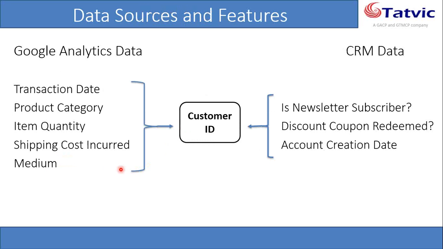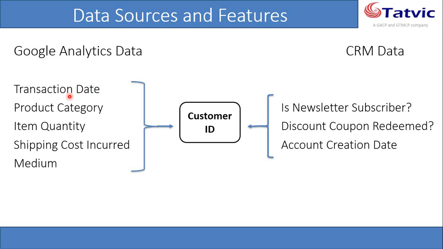Now, to answer the question, having just the question in mind is a good first step. We would require actual concrete data to answer that question, and the data sources which we'll be using in our case would be Google Analytics and the CRM.